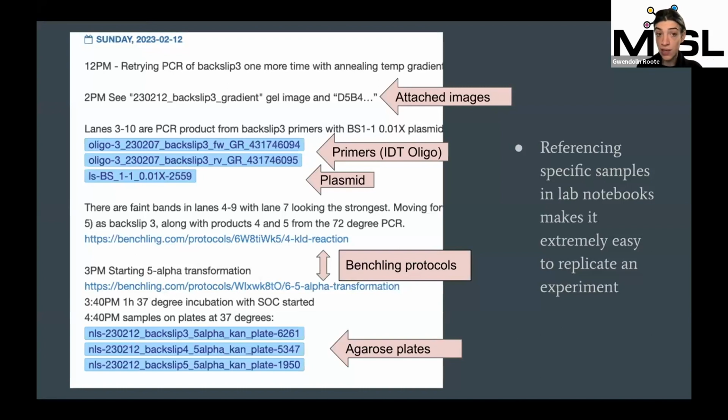So if you're trying to replicate someone else's experiment, you don't have to guess which sample they were talking about, or which set of primers, or plasmid, or what was their starting material. You can find the literal physical object that they were handling when doing this experiment very easily, because right when they were talking about the experiment in the lab notebook, they added a reference to the physical sample with a barcode, and we can find its location.